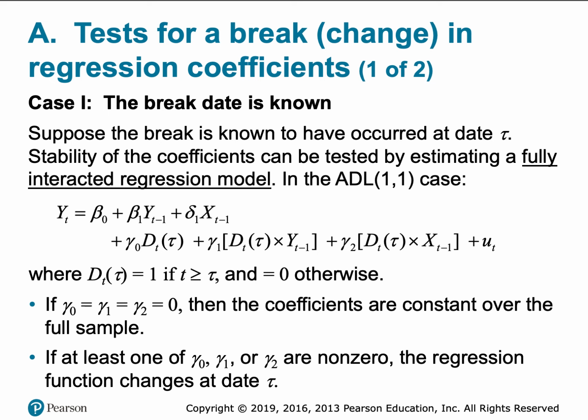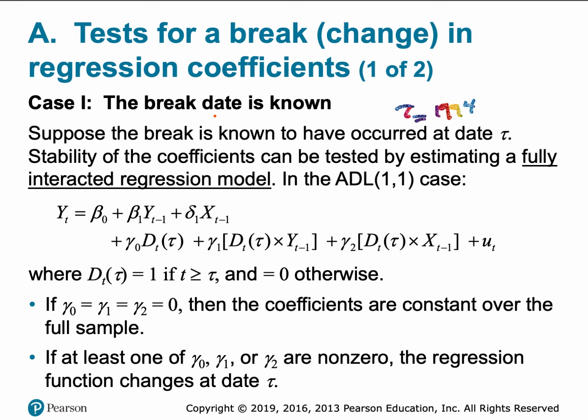This date may be at any point between t equals 1 and t equals capital T. Suppose that you know that there was a significant change in the economy in 1994 that matters for the series that you're studying. Then, you would set tau equal to 1994.